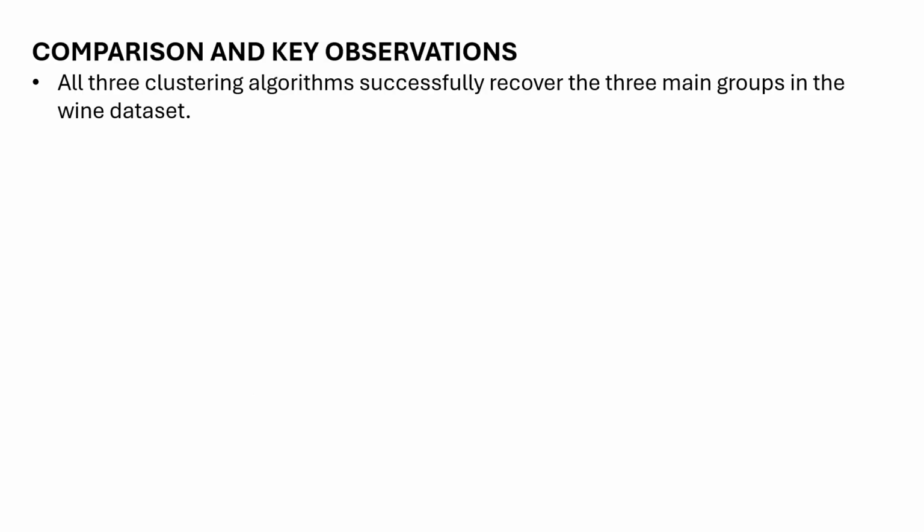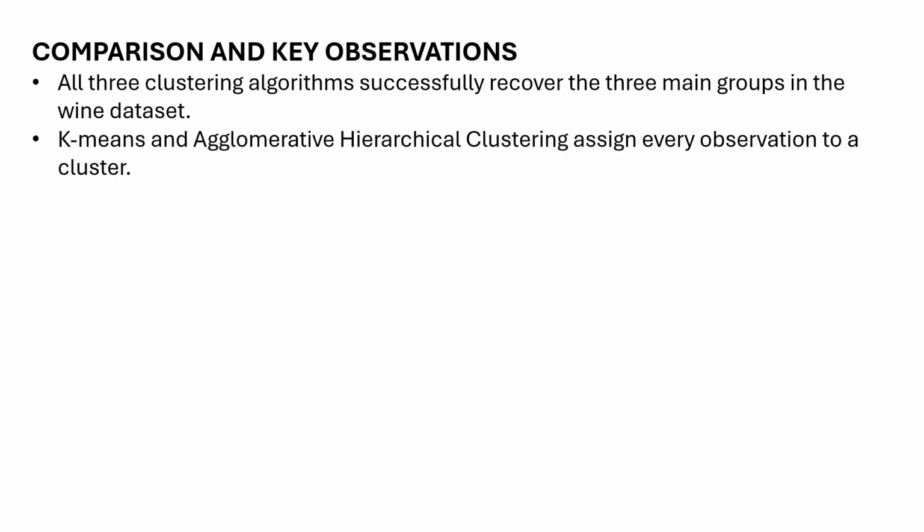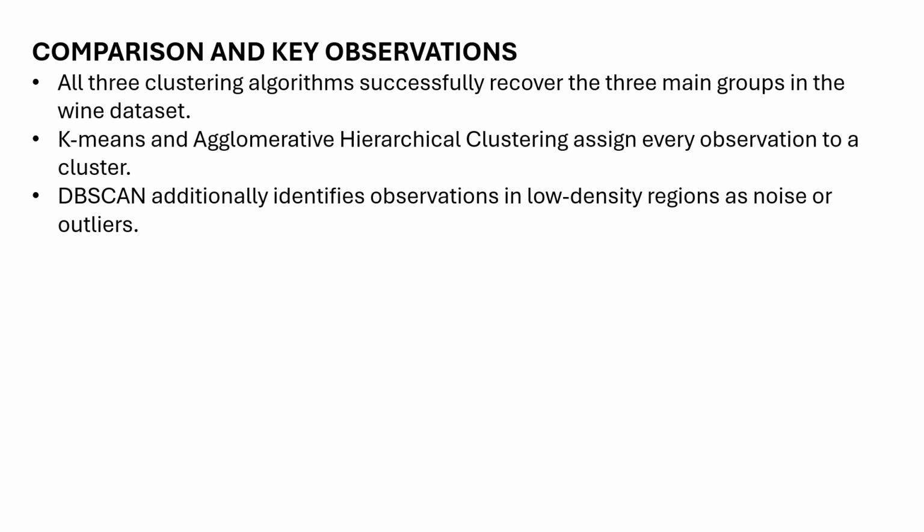Comparison of the three clustering methods shows that each is capable of recovering the overall structure of the wine dataset. K-means and agglomerative hierarchical clustering assign every observation to one of the three clusters, whereas DBSCAN additionally identifies observations located in low-density regions as noise or outliers.